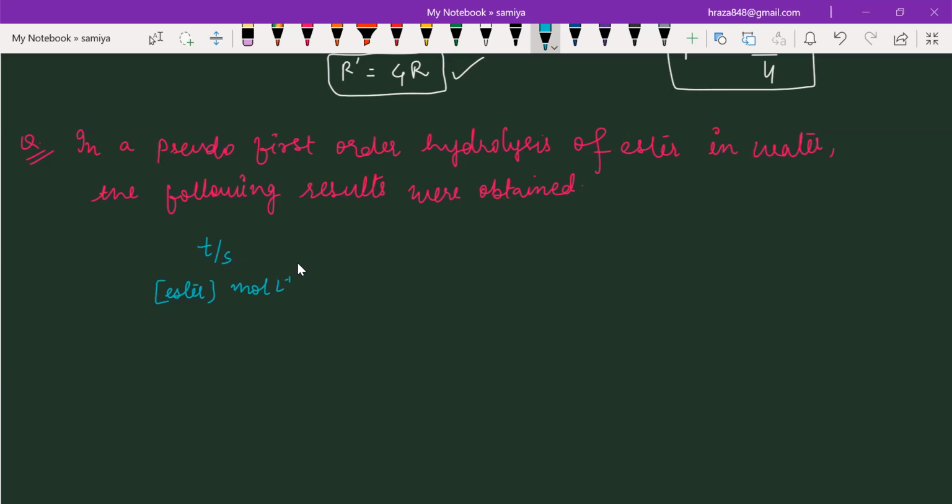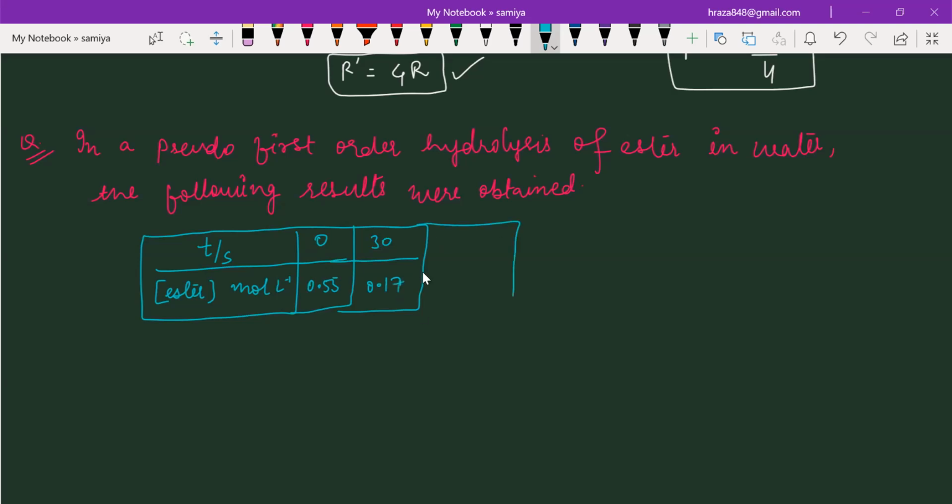T slash second means time in seconds is given. At T equals 0, the concentration is 0.55, at T equals 30 seconds it is 0.31, at T equals 60 seconds it is 0.17, and at T equals 90 seconds it is 0.085.